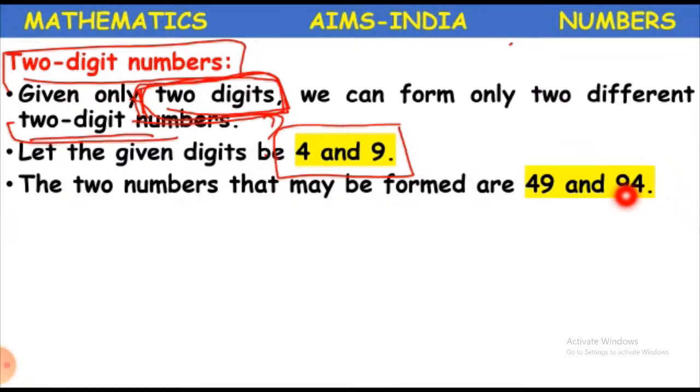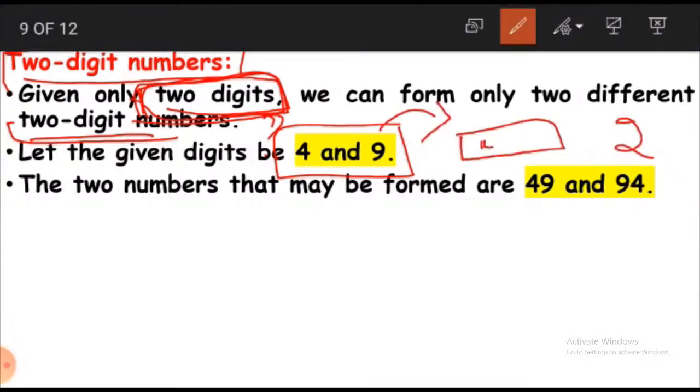There are only 2 ways in which you can sit. You can sit in the first place and your friend in the second place, or else your friend can sit in the first place and you in the second place. Clear? So we can form only 2 different numbers from the given 2 digits.